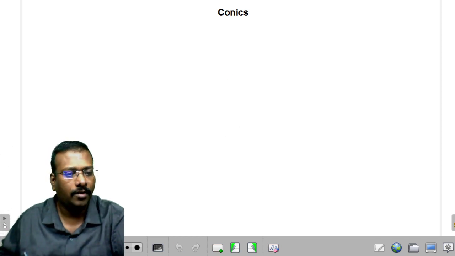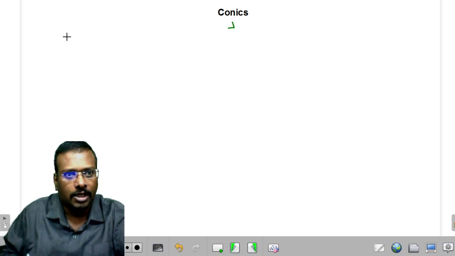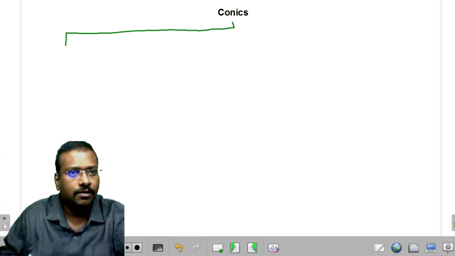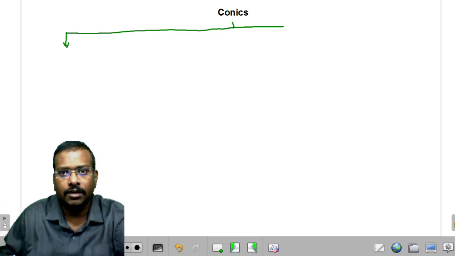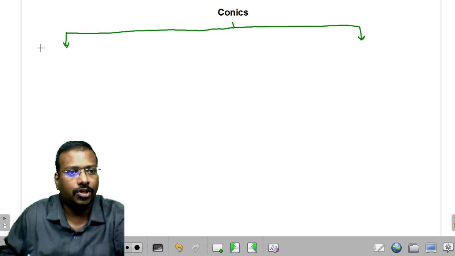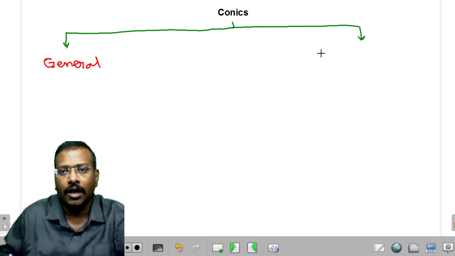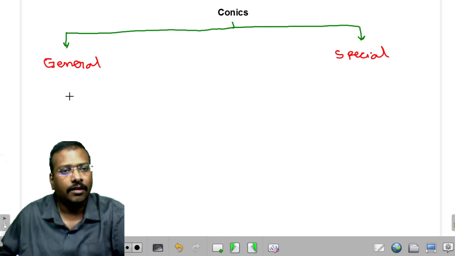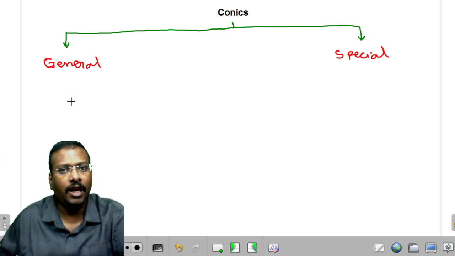The construction procedures are broadly divided into two categories. One is the general method, another one is the special methods. A general method is one whose procedure will be applicable to any of the conics, whether it is a parabola, hyperbola or an ellipse.